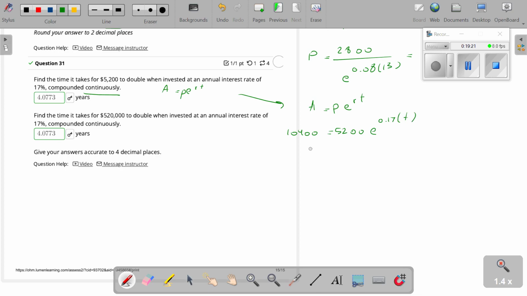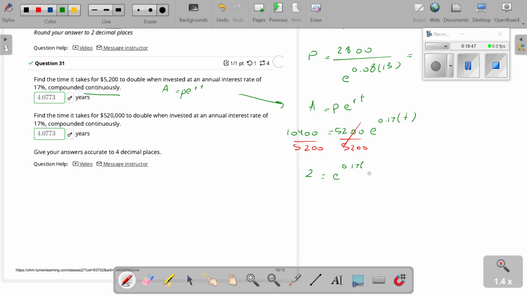In order to solve, the first thing I'm going to do is divide both sides by 5,200. They cancel. Then the left side is 2, and the right side is e to the power of 0.17 t.